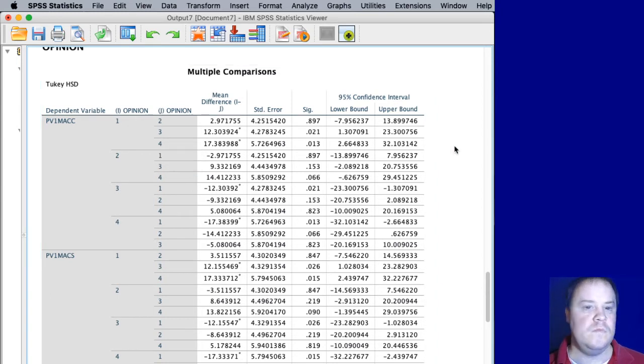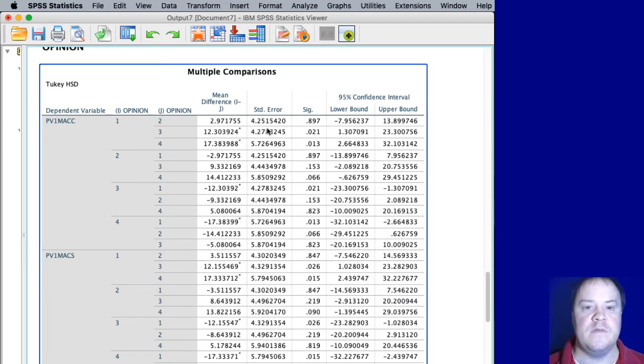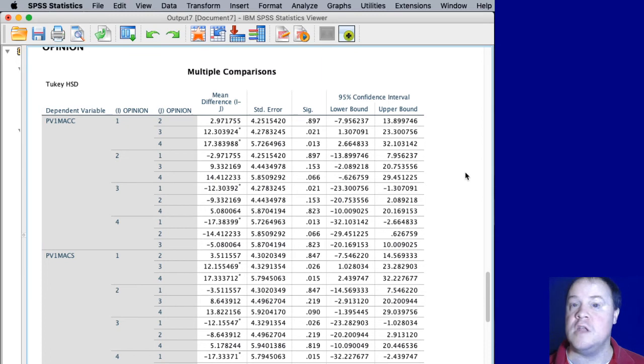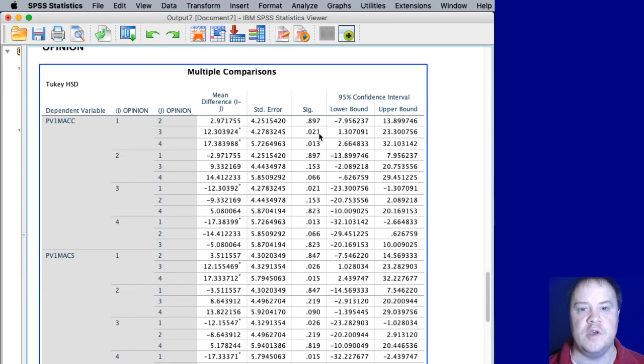And we do see some of that here. However, look at the small difference here between every lesson and most, 2.9. So the significance, the p-value, is not statistically significant. That's very large. But whenever you look at 3 and 4, there is a difference.